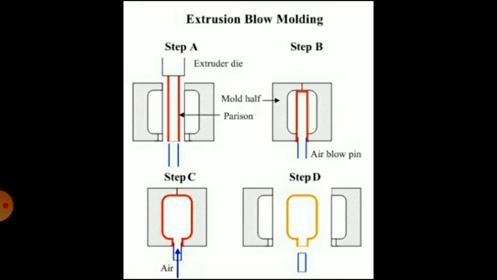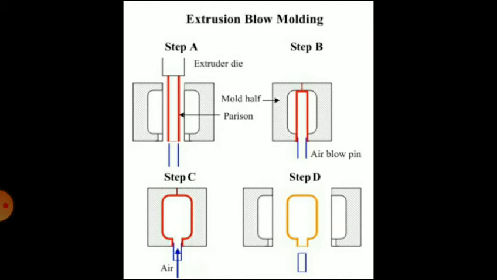These are the four steps that are shown. In the first step, step A, a hot extruded tube of plastic called a parison is placed between the two parts of the open mold. So there is an extrusion die, then there is a parison in between the two parts of the open mold.